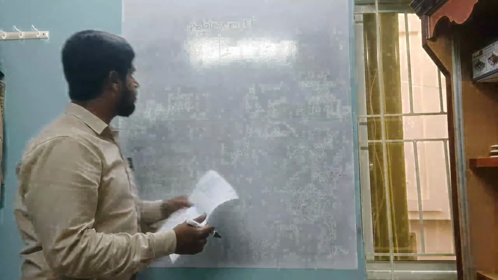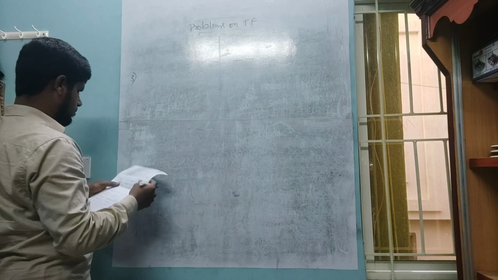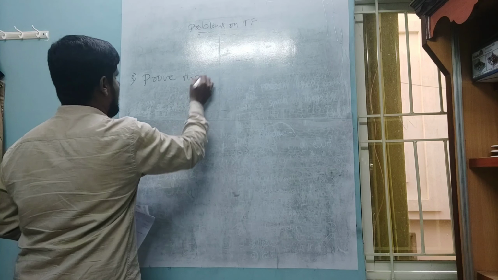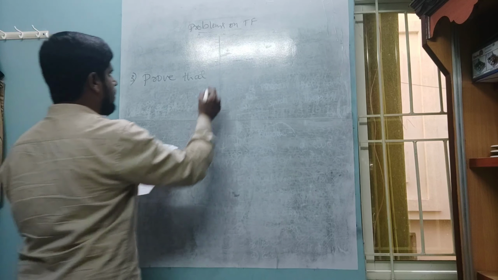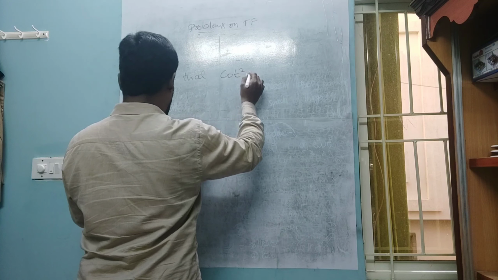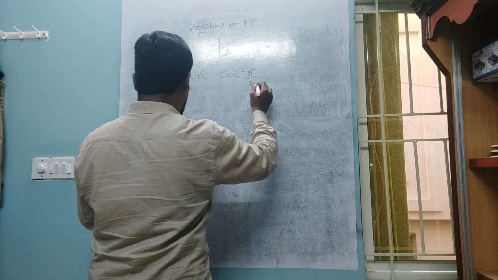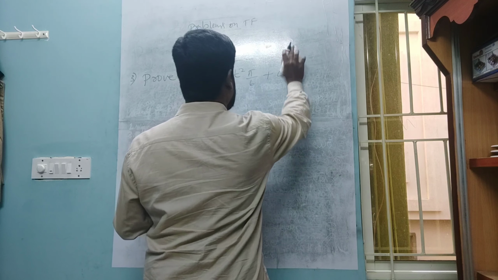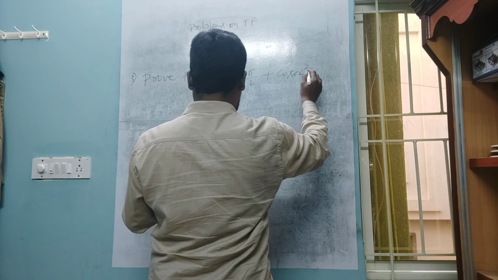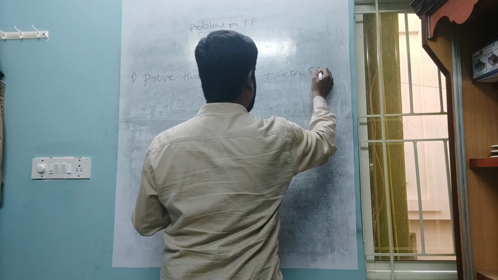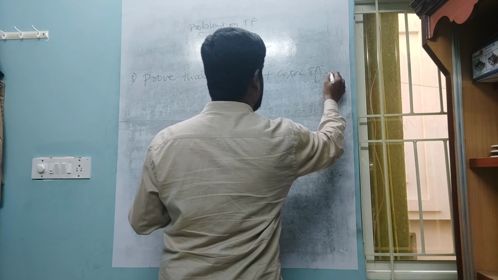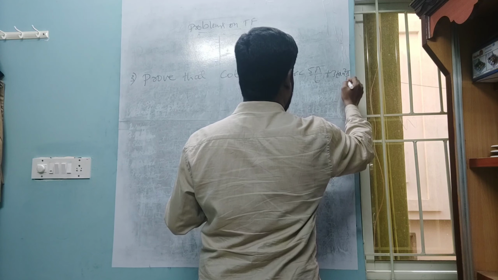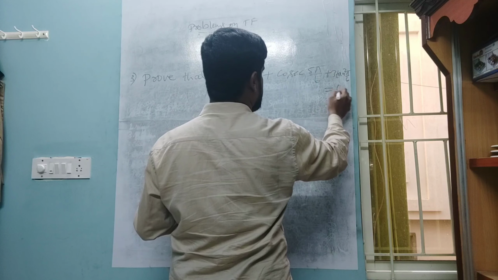Okay students, now the third problem is: prove that cot square pi by 6 plus cosecant 5 pi by 6 plus 3 tan square pi by 6 equals 6.